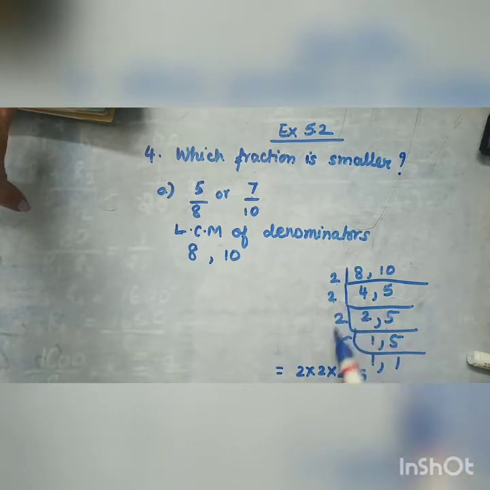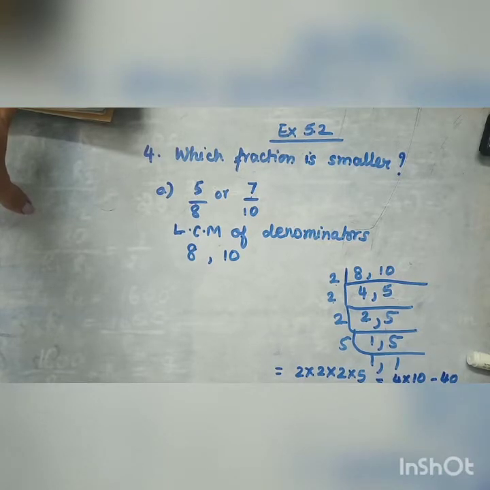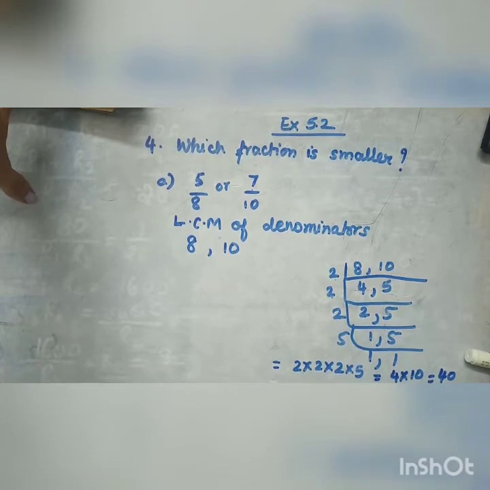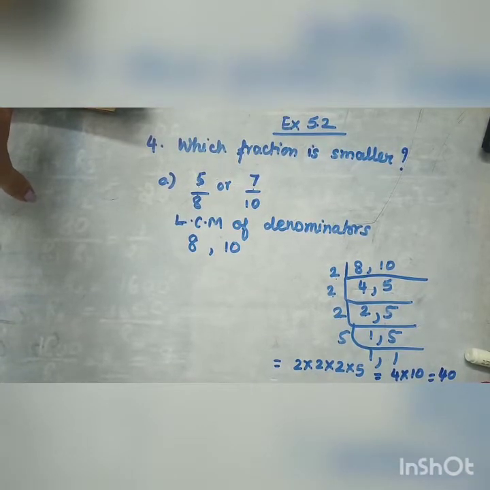So we have just written this 2 into 2 into 2 into 5. As we get the product, we have to calculate it. So here we get the product as 4 into 10 is equal to 40. So 40 is your LCM.